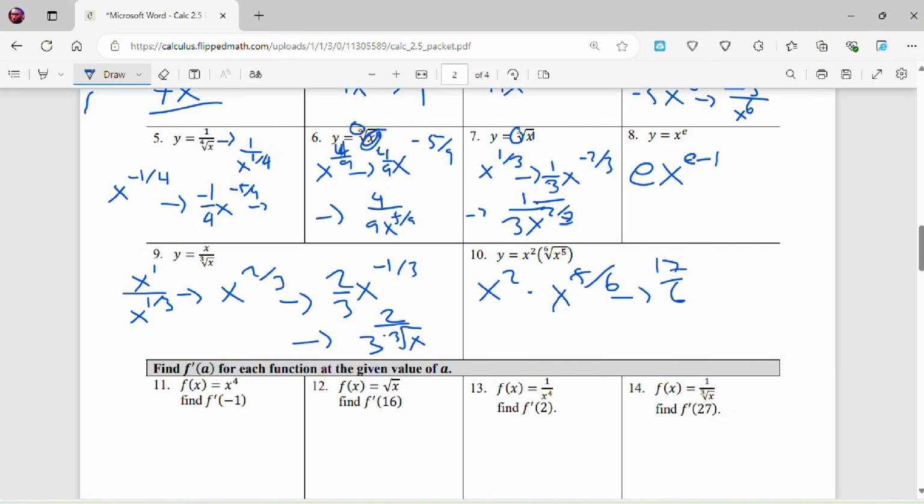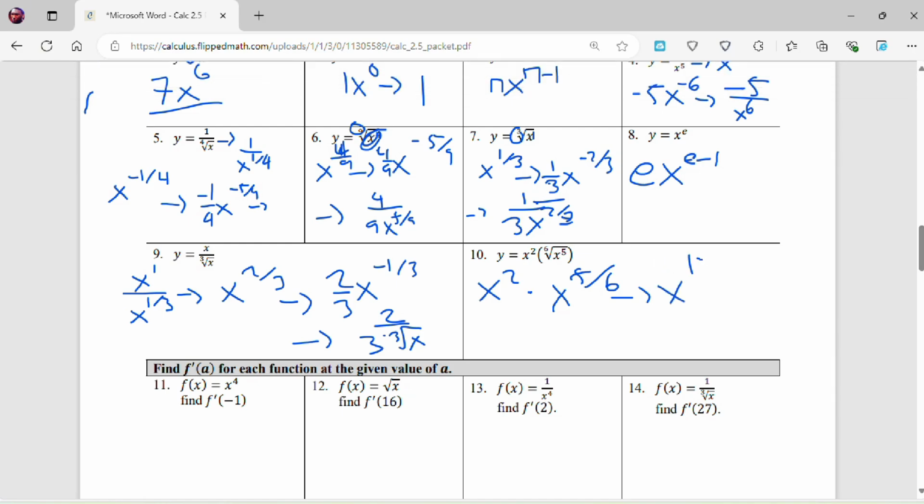All right, I probably should have written an x there. But yeah, x to the 17 over 6.